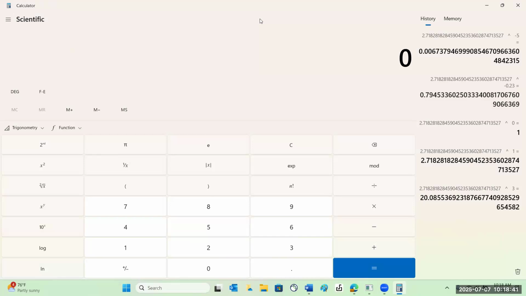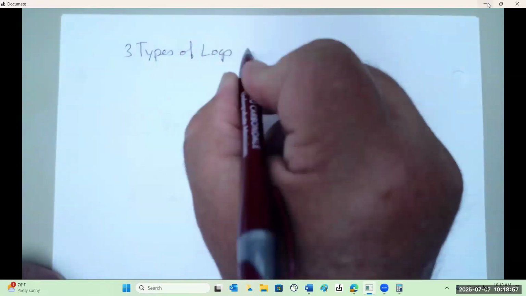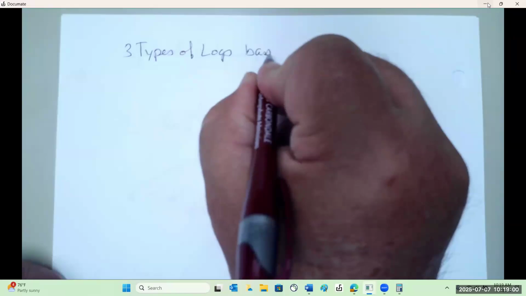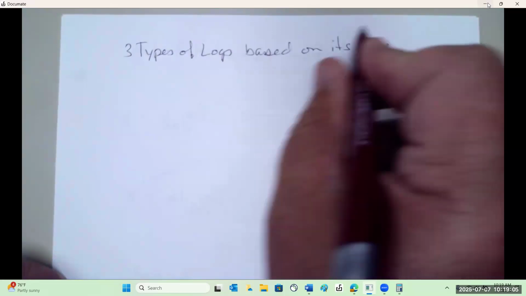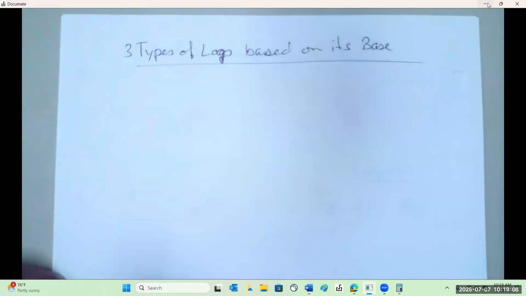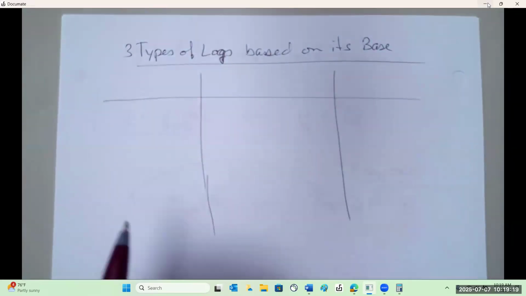You don't see log base of anything else, because everything has to boil down to three different logs. Three types of logs based on their bases, and they have special names too.